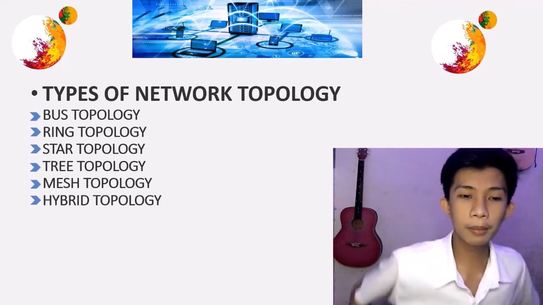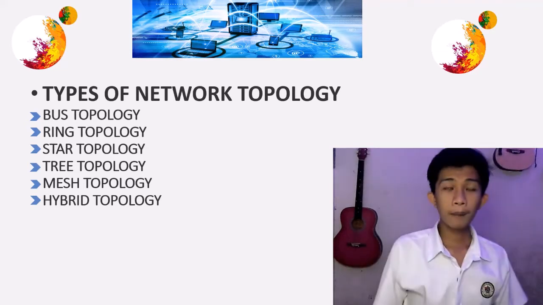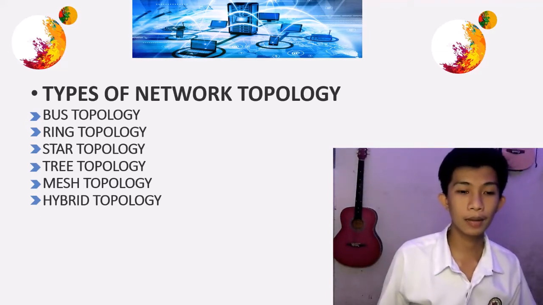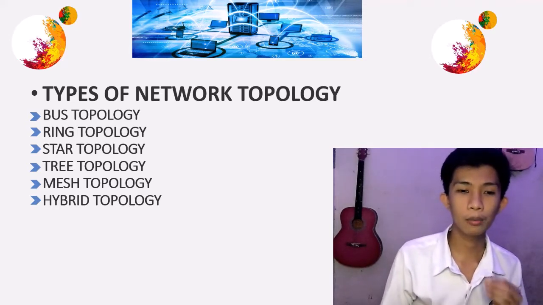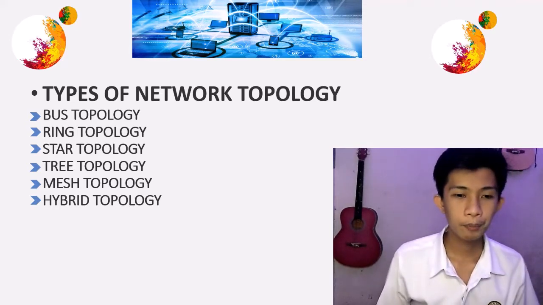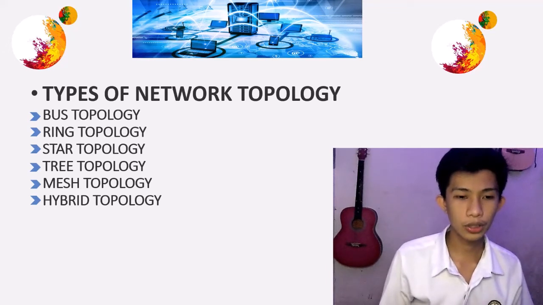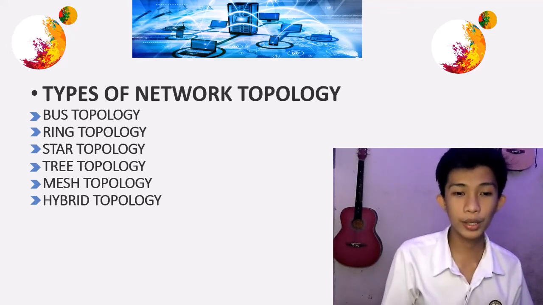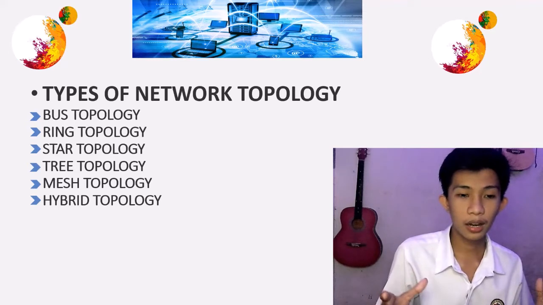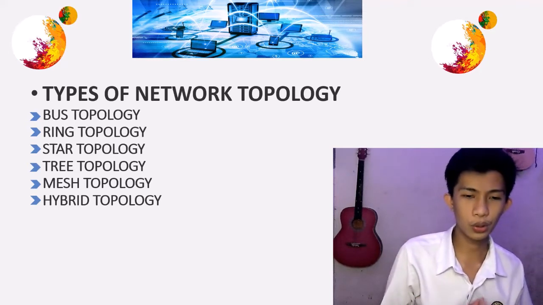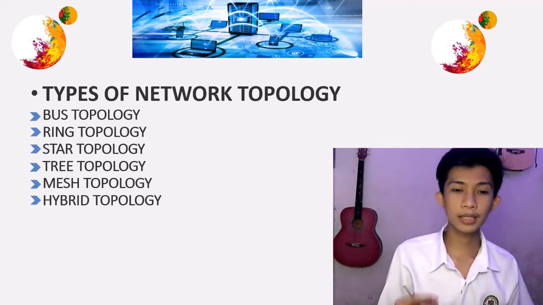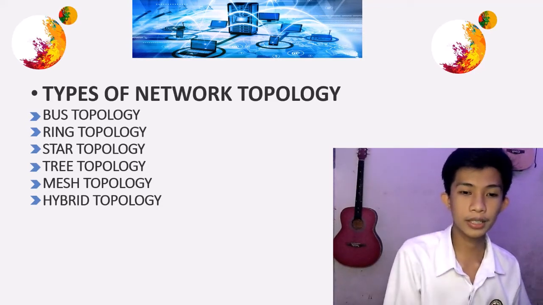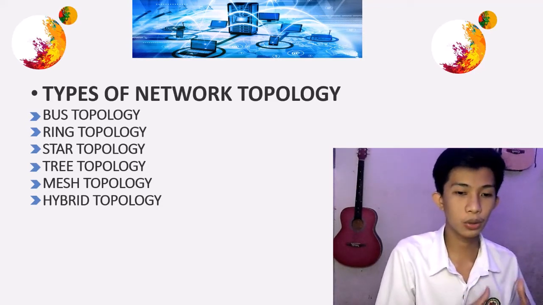So the next is a mesh topology. Okay, sa mesh topology is karamihan sa mga node ay magkakaugnay, ngunit guys, may ilan na kung saan konektado lamang sa dalawa o tatlong iba pang mga node. Okay, ang isang buong topology kasi is ang topology ng mesh is kung saan ang bawat node ay magkakaugnay.